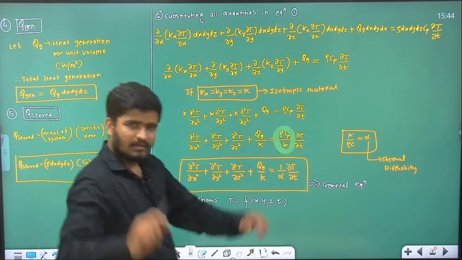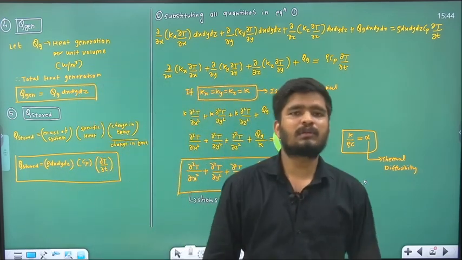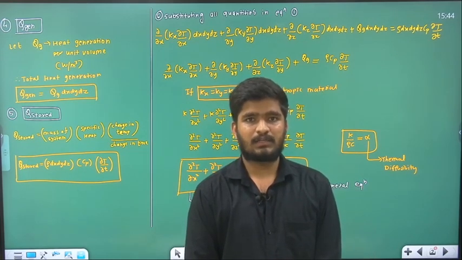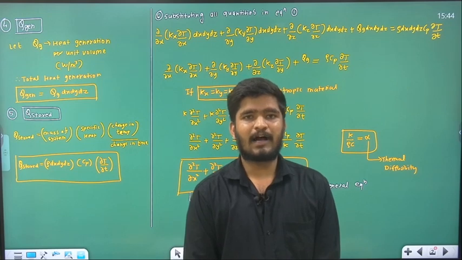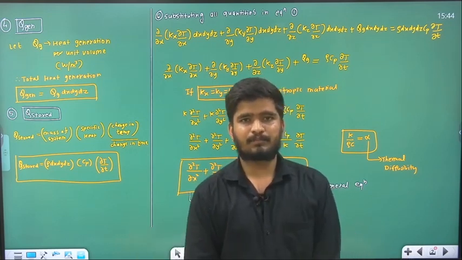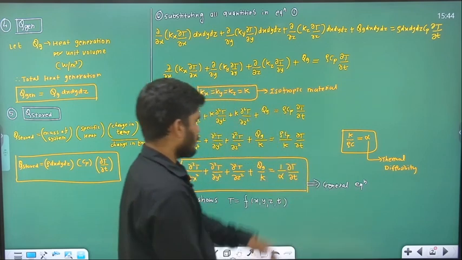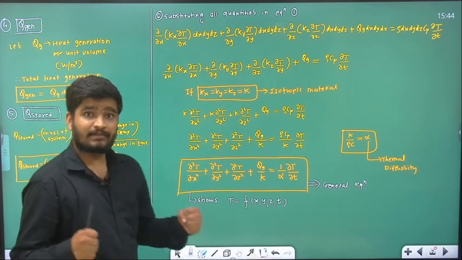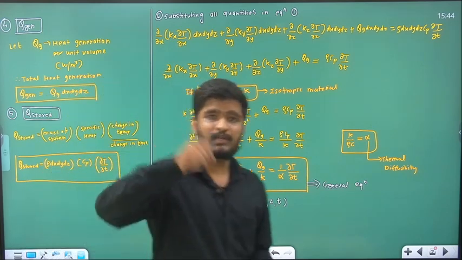But from our discussion you know that k by rho Cp is what? Thermal diffusivity, which will tell us how fast heat is penetrating through a body. So I have substituted alpha for thermal diffusivity.